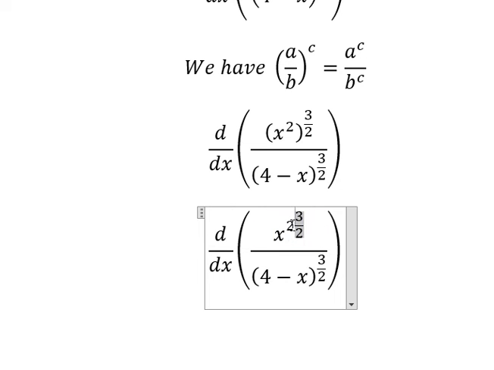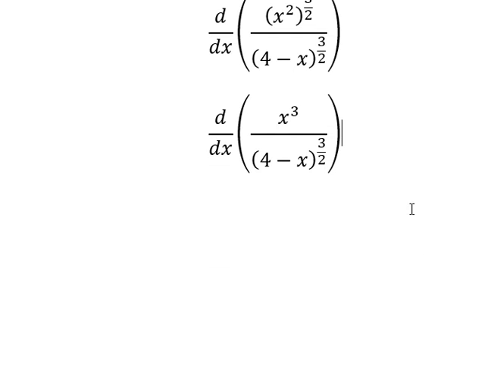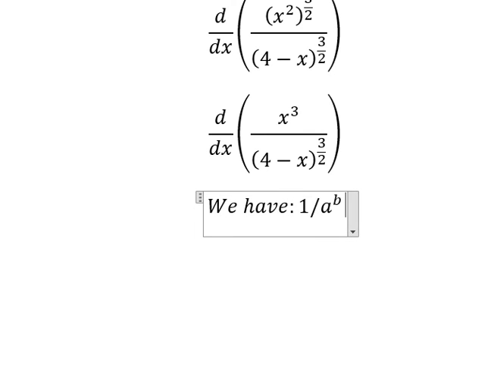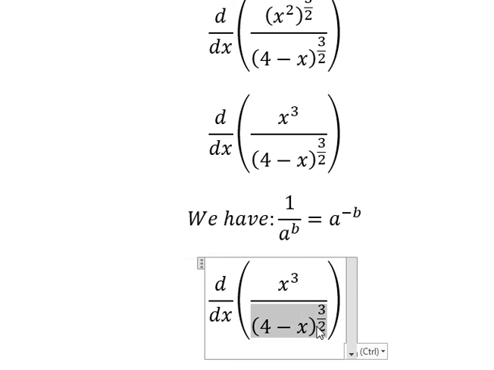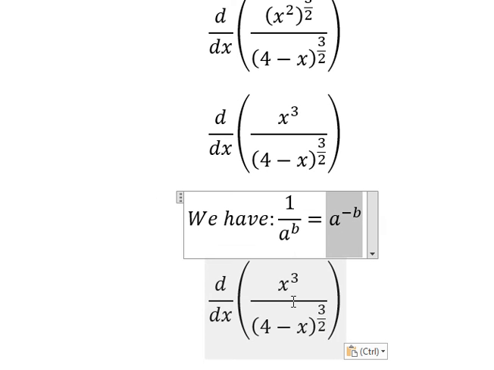And this one we have number 3. Next, we have the second one. Now, we can apply this one for this one.